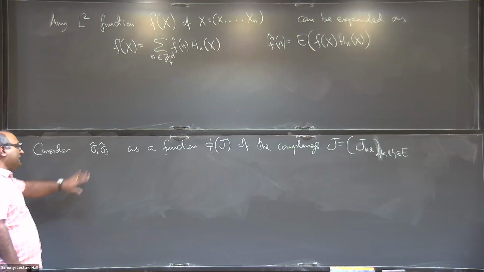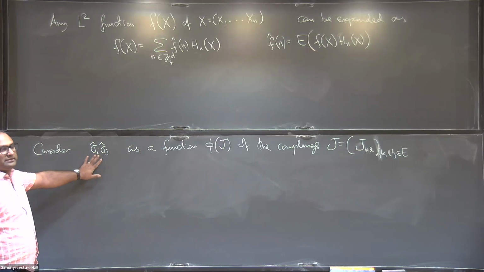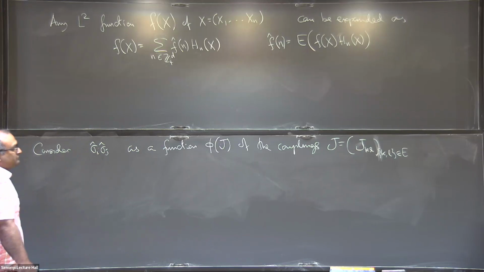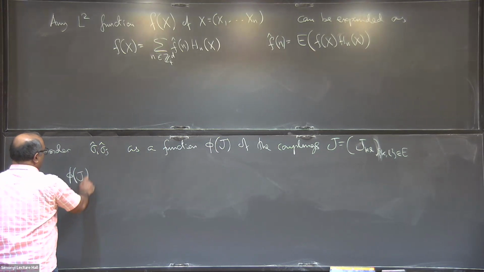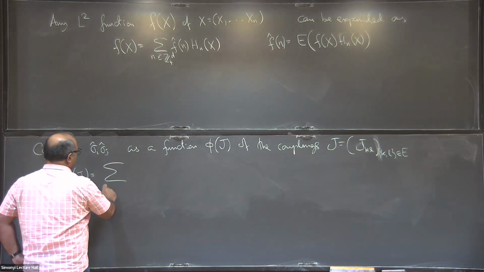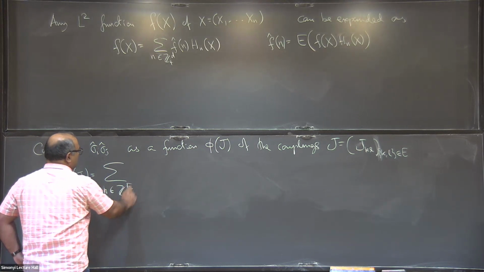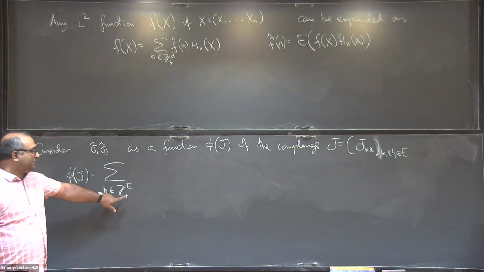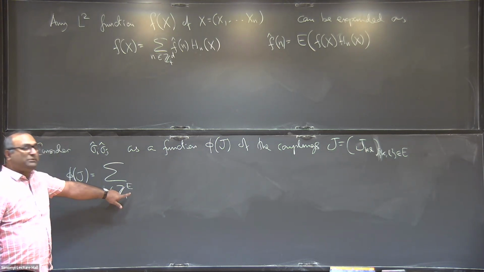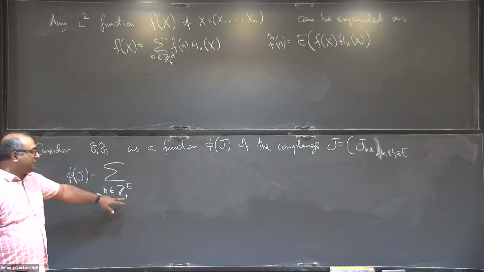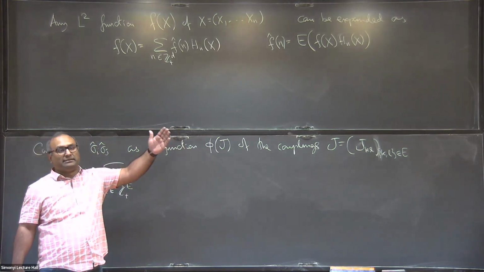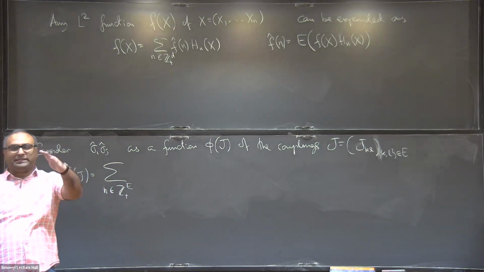So we'll try to understand the Fourier coefficients of this function. How do you expand this function? Phi of J, you expand it as a sum over all n in Z_+^E. So an index is now a tuple of non-negative integers, one attached to each edge, because there's one Gaussian random variable on each edge.